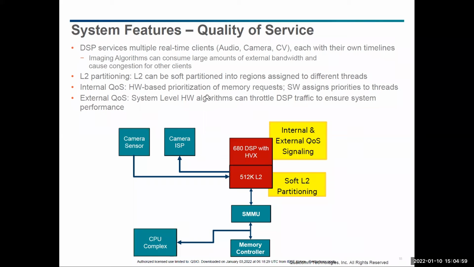So hardware will just prioritize the memory request, but software, or the RTOS to be more specific, is responsible for assigning the software threads based on their priorities. The external QoS specifies the system-level hardware algorithms that can throttle DSP traffic to ensure there is optimal performance.